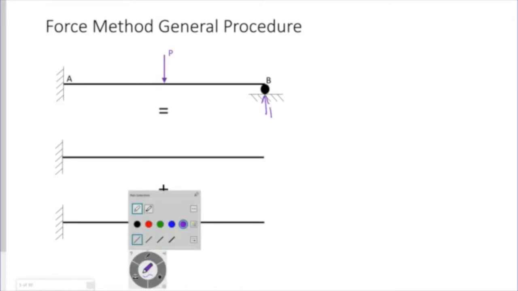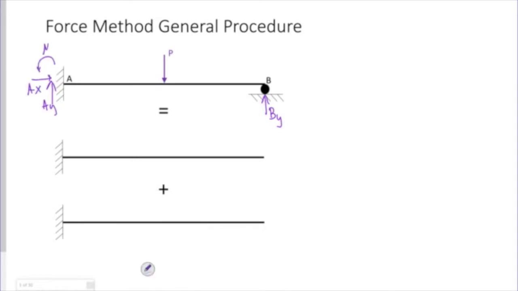All right, we've got our vertical reaction at B, a vertical reaction at A, horizontal reaction at A, and a moment at A. So if we think back to lecture 3 on determining determinacy, we need to say how many unknown reactions are 1, 2, 3, 4. There are 4 unknown reactions.